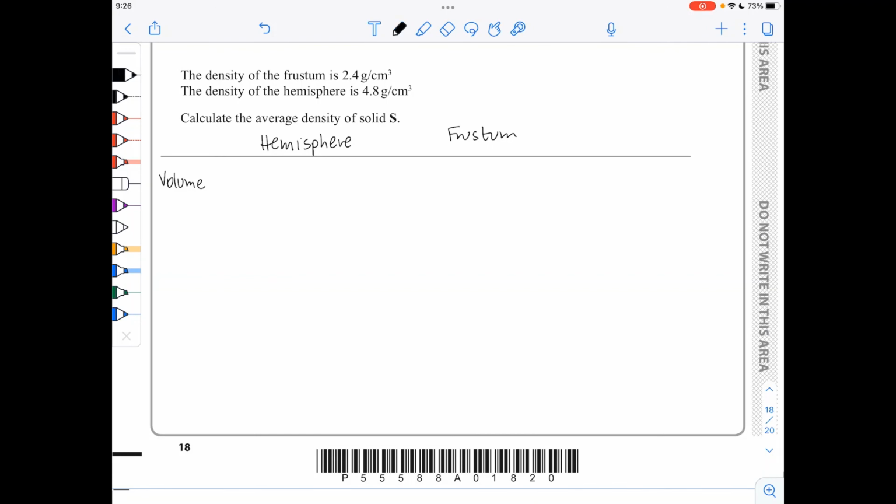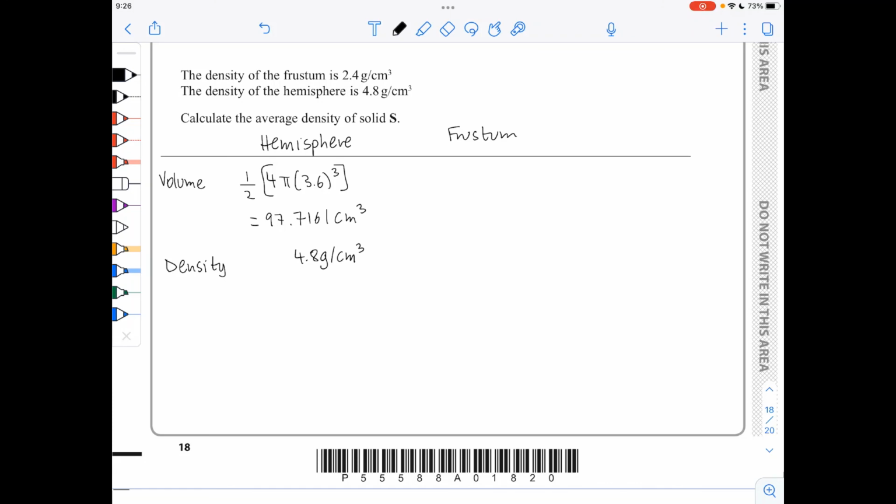So it's going to be a half of 4 pi, and the radius is 3.6, so 3.6 cubed. And this gives an answer of 97.7161 cubic centimeters. The density of the hemisphere is 4.8 grams per cubic centimeter.